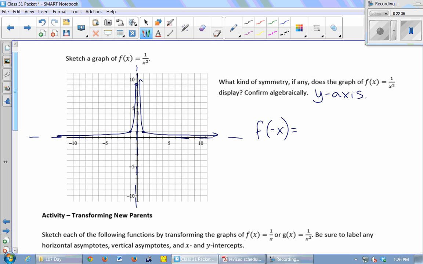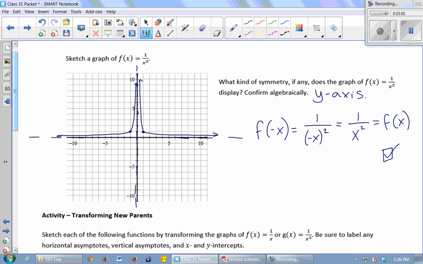So if I plug a -x into this function, I get 1 over -x squared. But -x squared is the same thing as positive x squared, because when you square a negative, negative times a negative gives you a positive. And 1 over x squared, that is my function. That is f of x. So I do have y-axis symmetry.